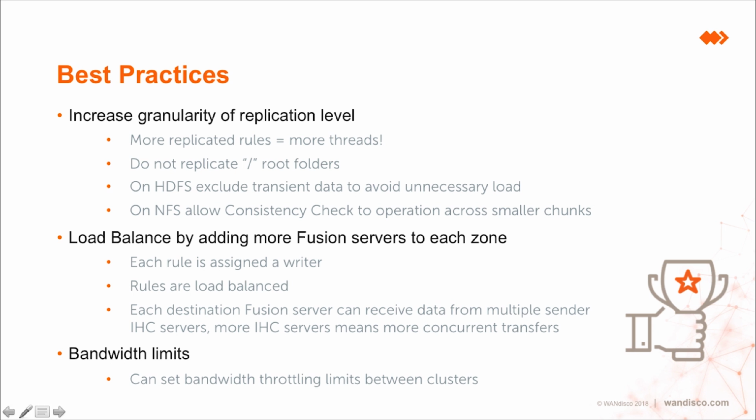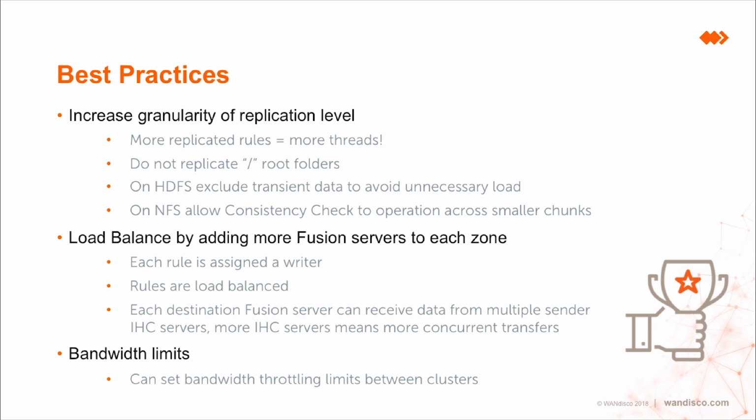Your Fusion replication environment can be load balanced by adding more Fusion servers to each node. In this case, each rule is assigned a writer. Rules are load balanced, and each destination Fusion server can receive data from multiple IHC servers, those Inter-Hadoop Connector reader servers. And more IHC servers means more concurrent transfers.